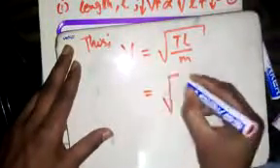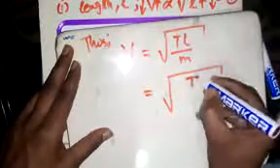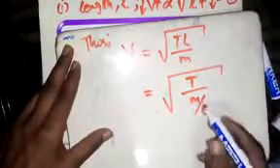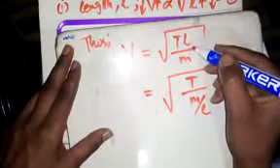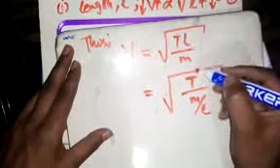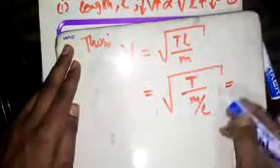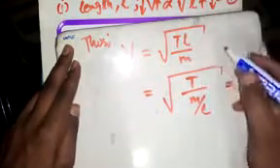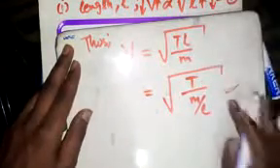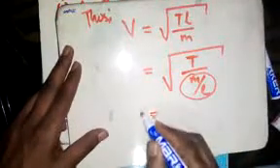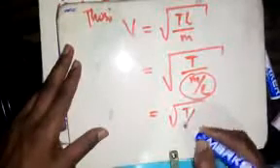For those who know mathematics, this equation can be equal to under root of tension over M over L. This equation and this one are the same, because we have just divided by L over M over L. But also, this L can go to tension and be TL over M, the same thing. But when we write this equation as this one, we have M over L. This will change the meaning. And now we have V equals under root of tension over M over L.